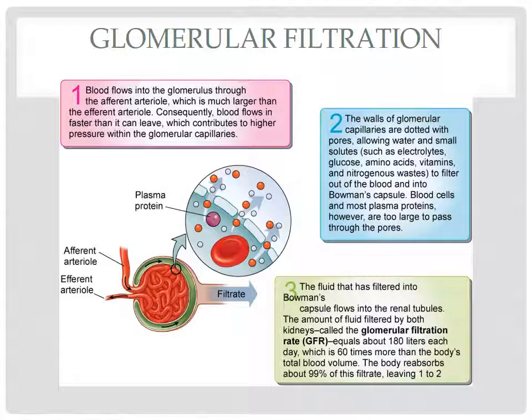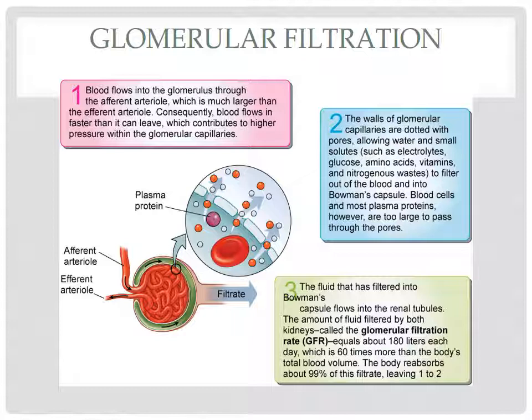This picture shows the glomerular filtration, and I kind of talked about it already, where blood flows into the glomerulus through the afferent arteriole. The efferent arteriole is how it leaves, and only substances that are small enough to fit through the pores will get through. So blood cells and proteins will not get through as filtrate.